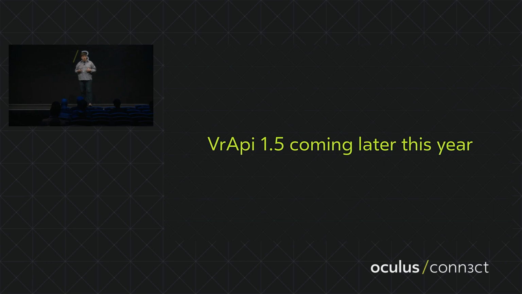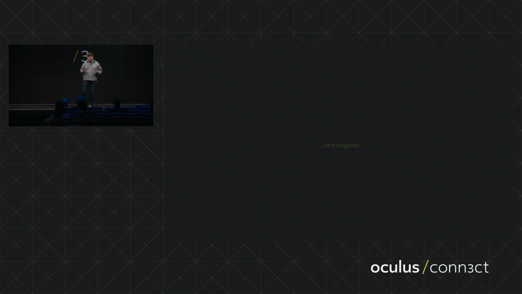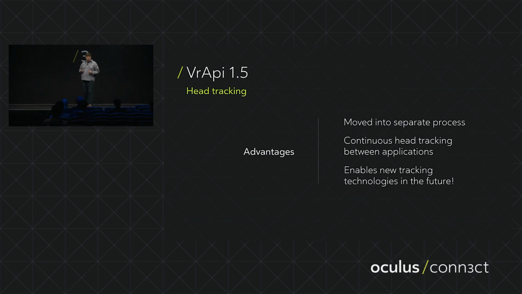Now, 1.5 is coming soon, but that's not it. Soon after 1.5, we'll be doing some under-the-hood driver architectural updates. One of the biggest ones is we're moving head tracking into a separate process. And this is important because we can avoid the sort of yaw correction snap you get when you switch applications, and it gives you sort of continuous head tracking between applications.